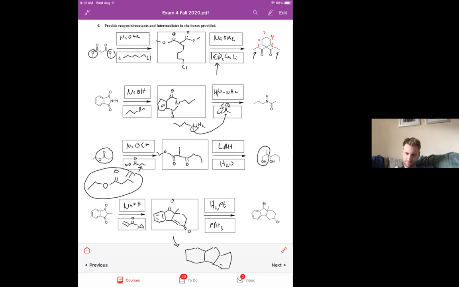Or double bonds now. That's the wrong spot.